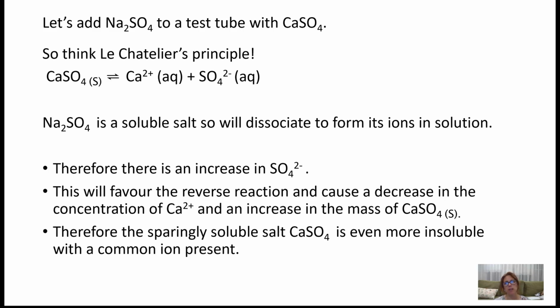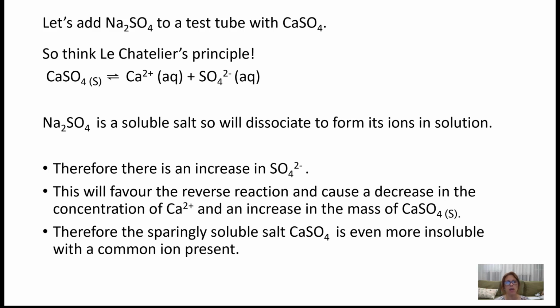We've got calcium sulfate in our test tube, and it's a precipitate or a solid, it's insoluble, and it will form the ions of calcium 2+ and sulfate 2-, both aqueous. Now the sodium sulfate's a soluble salt, so when we put it into that solution, it will dissociate into its ions. So we have now got sodium ions and sulfate ions.